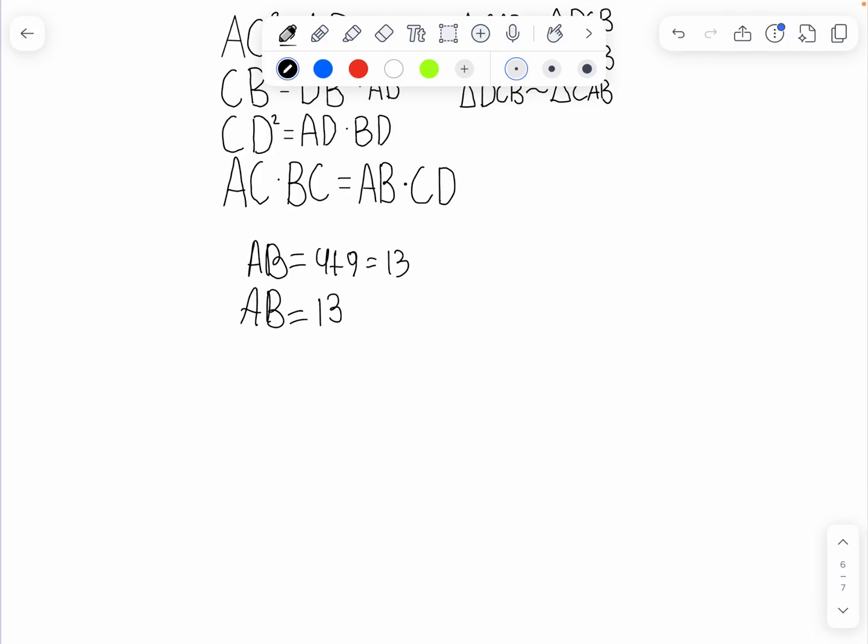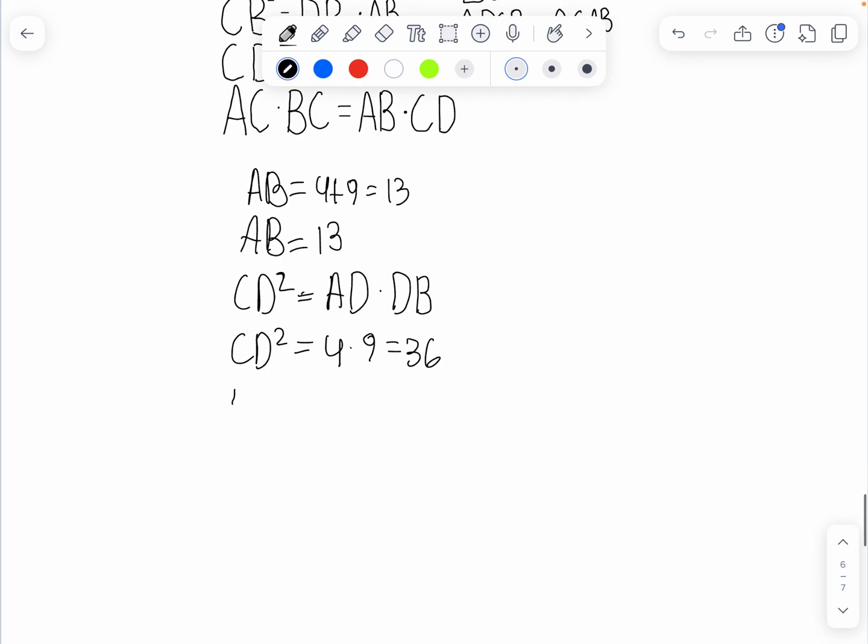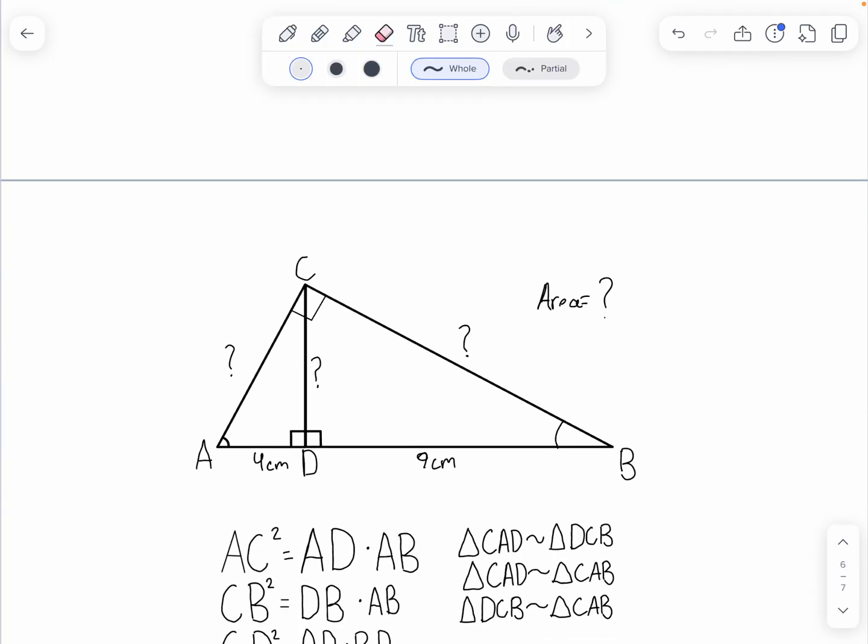So the theorem is CD squared equals AD times DB. CD squared equals 4 times 9, which equals 36. And that would mean CD is equal to 6. So we can go back here and erase the question mark, and this would equal 6.